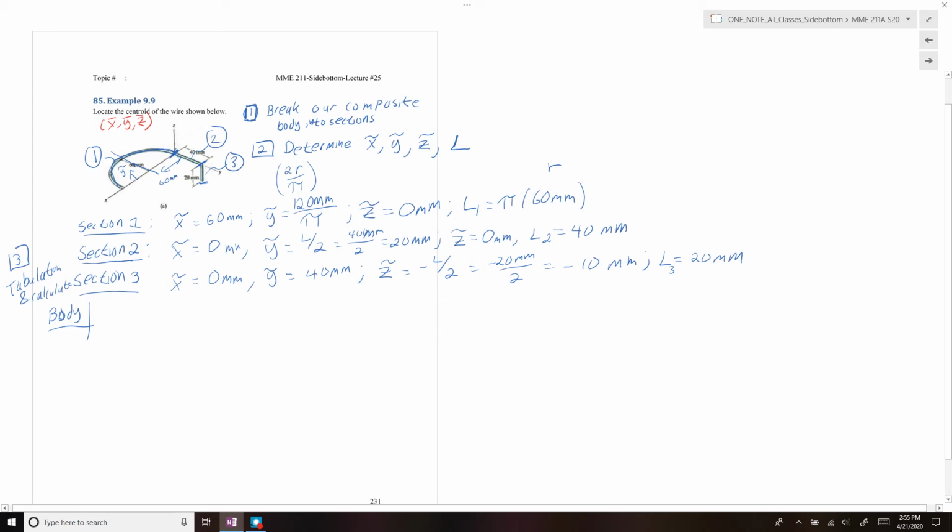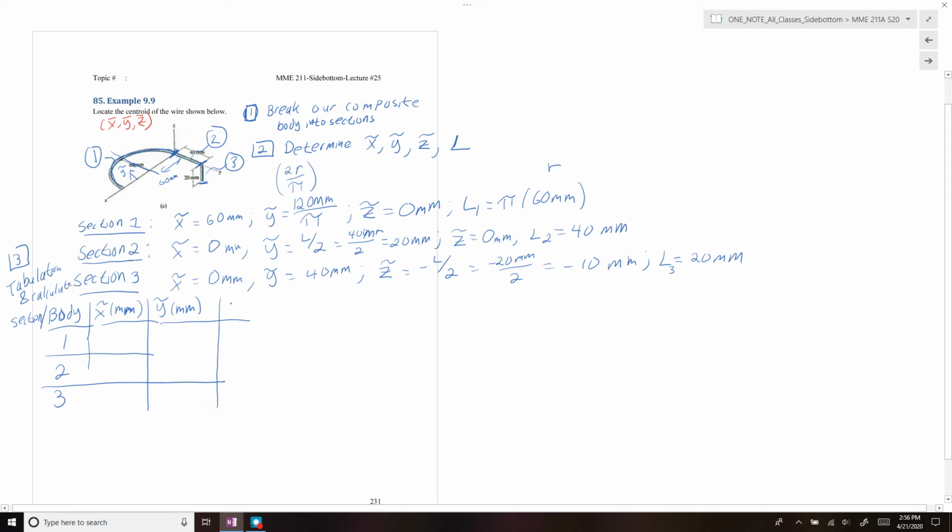Alright. So we're going to have the section body, or our section number, as our first column. Our second column is going to be x tilde. That'll be in millimeters. Our next column would be y tilde. That's going to be in millimeters.